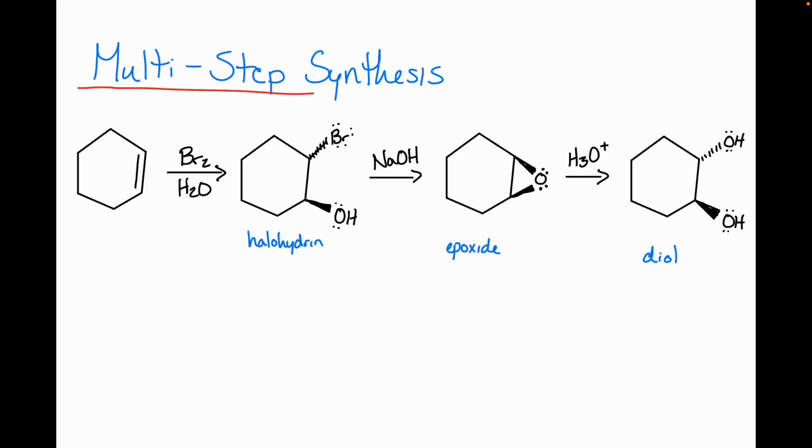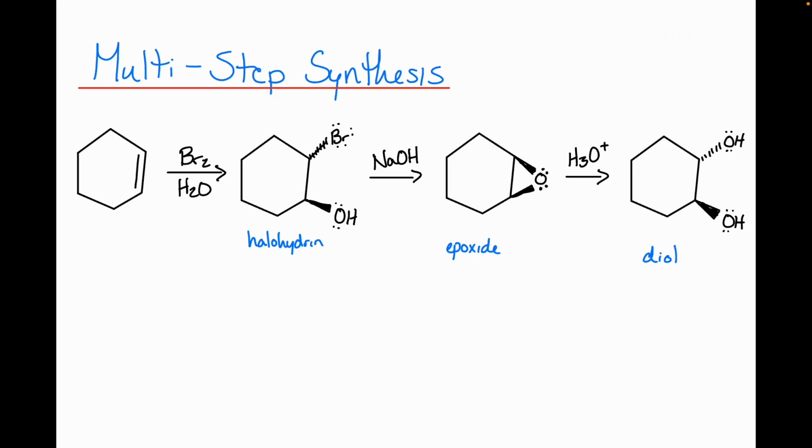All right, so throughout these two semesters, we're going to learn a lot of reactions that we can chain together to do these multi-step syntheses. So let's just make a note. This is our first time seeing this here. All right, we can do this halohydrin formation.